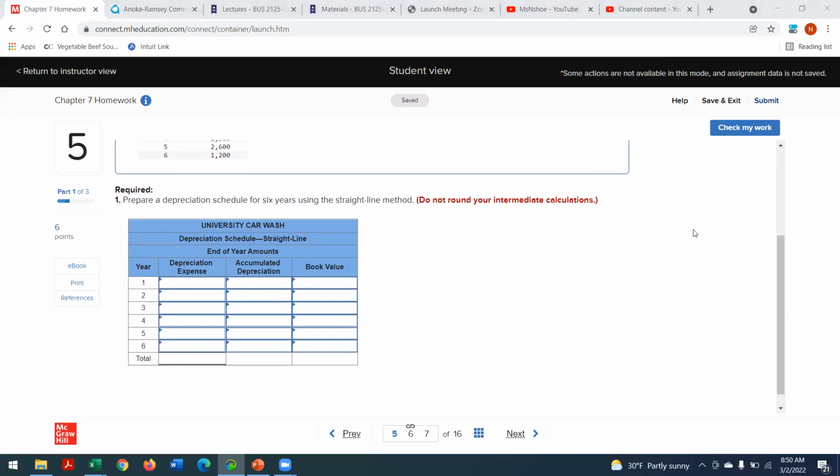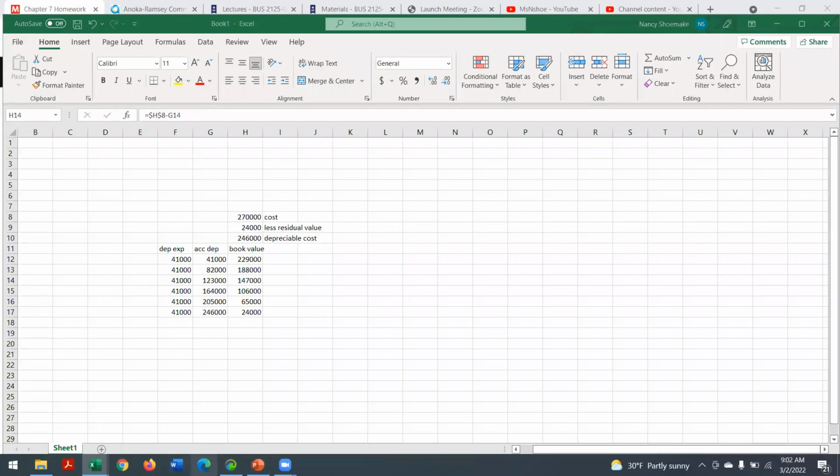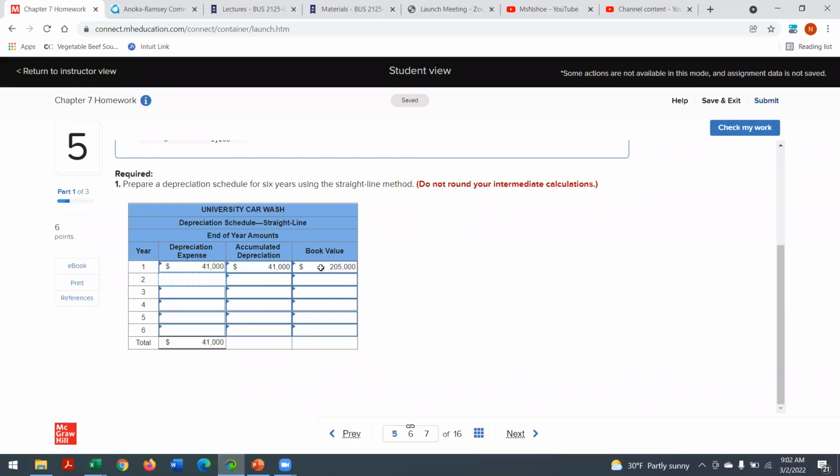Our book value is going to be the 270 minus our 41,000 of depreciation, which is going to be 229,000 here. The next time depreciation is 41,000, our accumulated is 82. Our book value at the end of year 2 is 188,000.